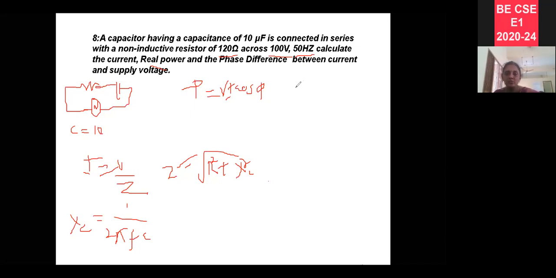Cos phi is equal to R by Z. Resistance value is given, and the Z value you have already calculated. Find out cos phi and then substitute. You will get the value of the real power. Voltage is going to be 100 volts, and current we have already calculated. So substitute, and you can get the value for P. P is equal to VI cos phi. First you calculate, then only we can proceed.